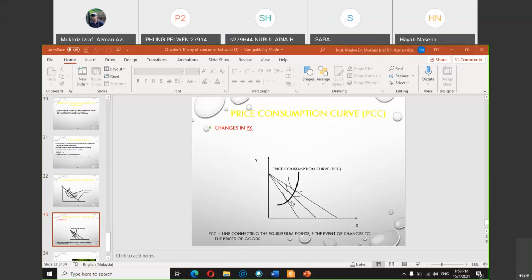This is the original one, this is the new one, and this is also a new one. In economics, when you join all the equilibrium points, A, B, C, on each of the indifference curves, you call it the price consumption curve.